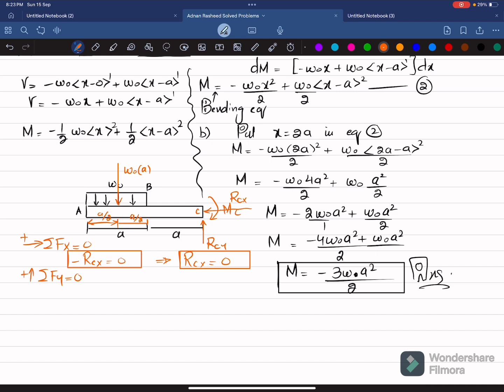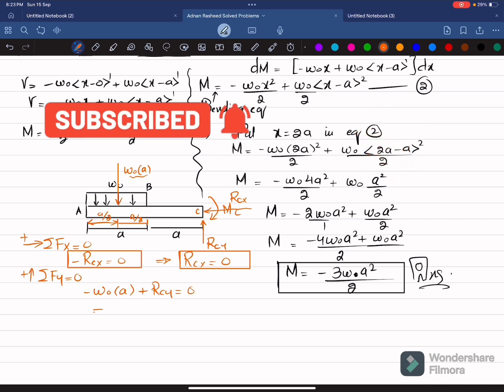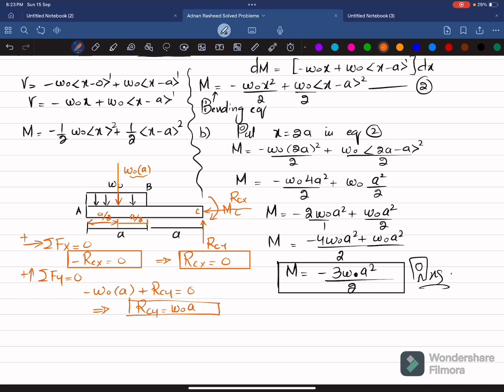Now we will apply this equation. So we have one force minus W naught into A, which is acting downward, and the other force is plus RCY, so that is equal to 0. So from here we will get RCY equal to W naught into A. And the last thing is that you will apply the equation of equilibrium, that is sum of all moments about point C is equal to 0, taking the counterclockwise moment as positive.